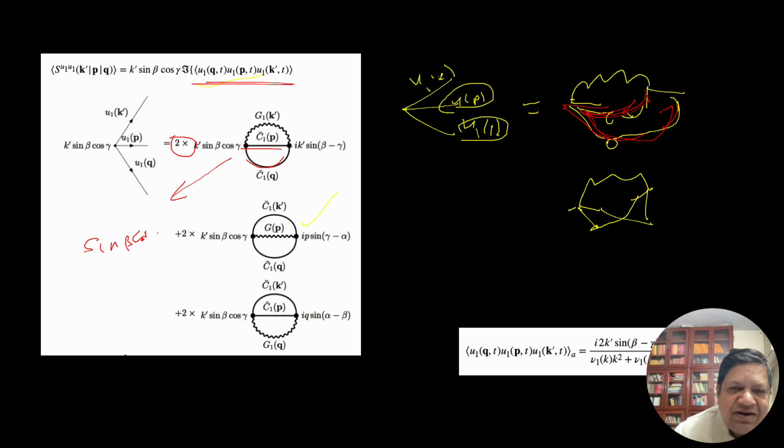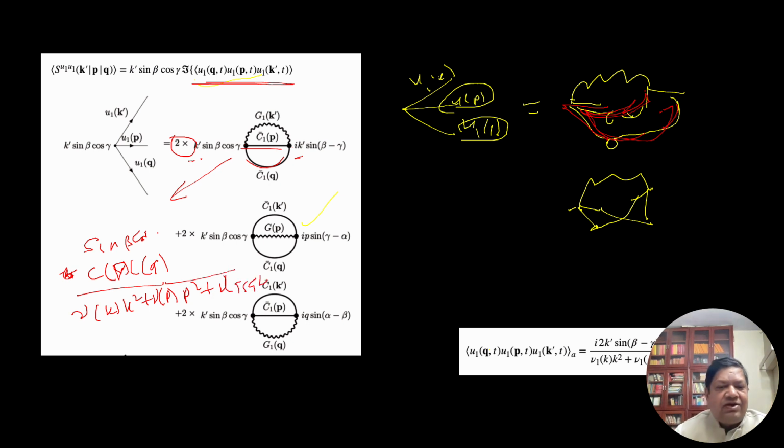So this is what I get here, and k prime here and k prime here. So all that product, and then we have Green's function, correlation function, but there will be integral with time. So the time integral will basically give you Cp at equal time divided by nu k squared plus nu p squared plus nu q squared. That comes below. Okay, so this is the expression.